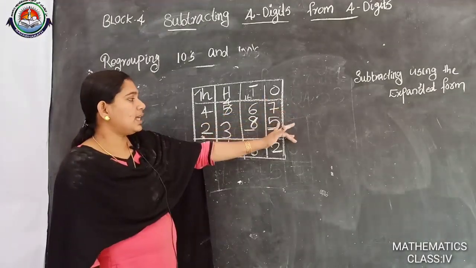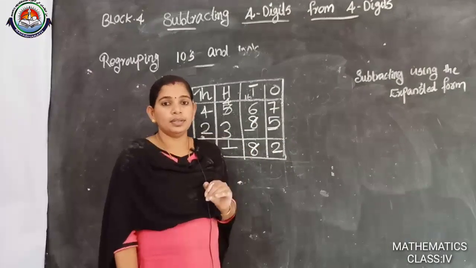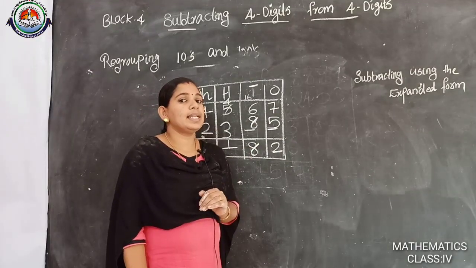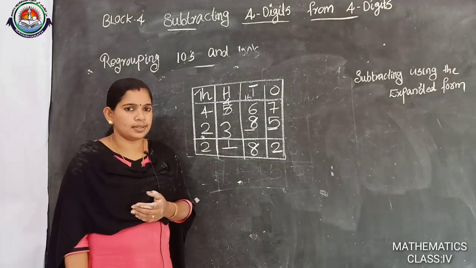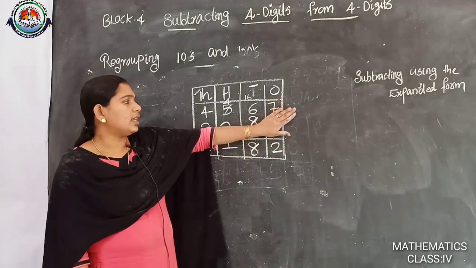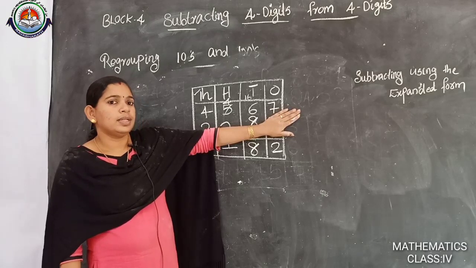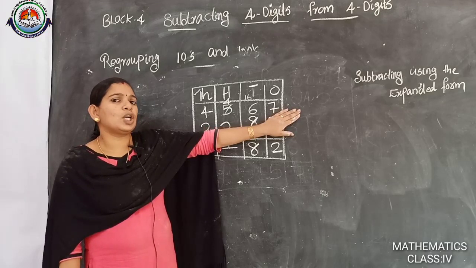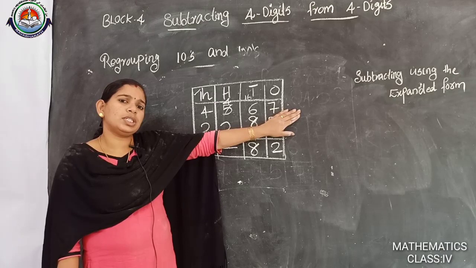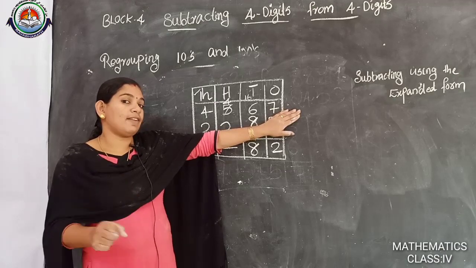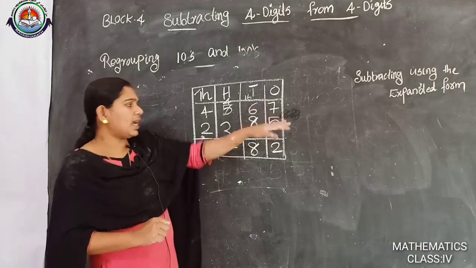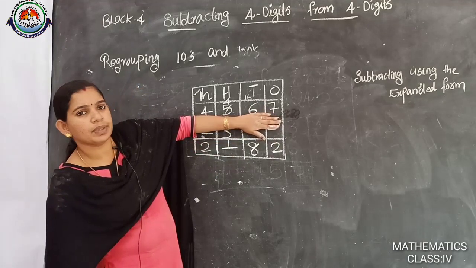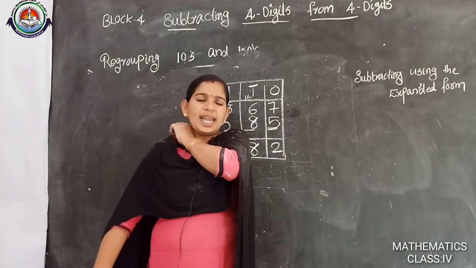Here 7 minus 1 digit, that answer is 2. So we'll check. Then here 5 is missing. 7 minus 5 is 2. 6 minus any digit is 8?